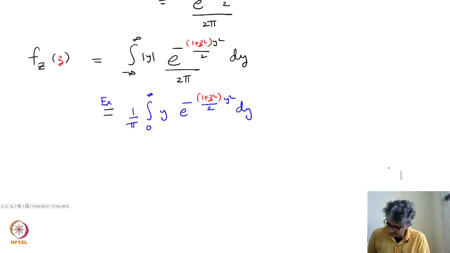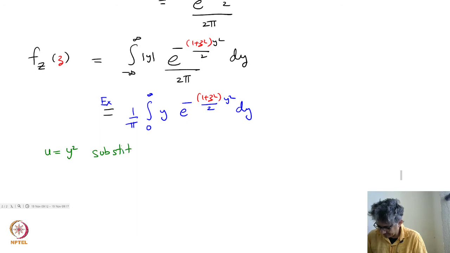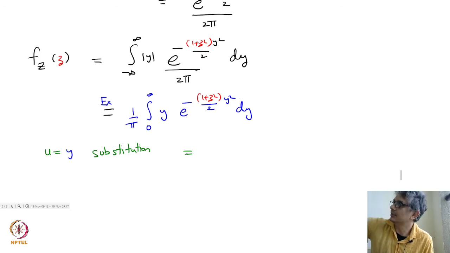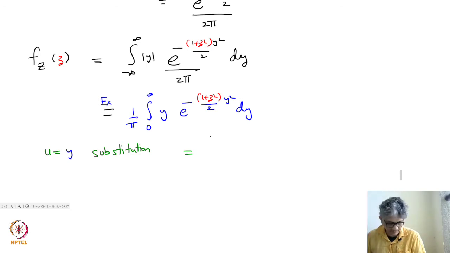Now you have a y and a y squared, so you do a change of variable, u equal to y squared. Substitution. So it's just going to be 1 over pi. So maybe I don't want to do this.